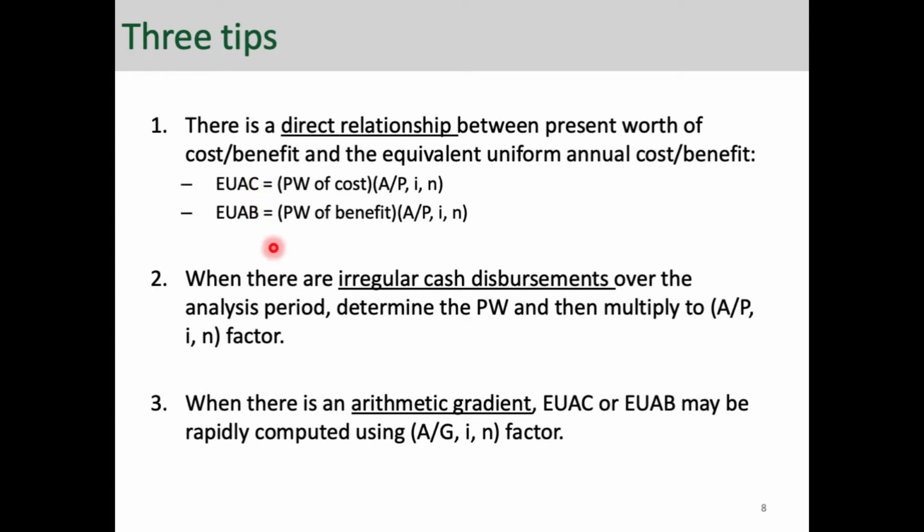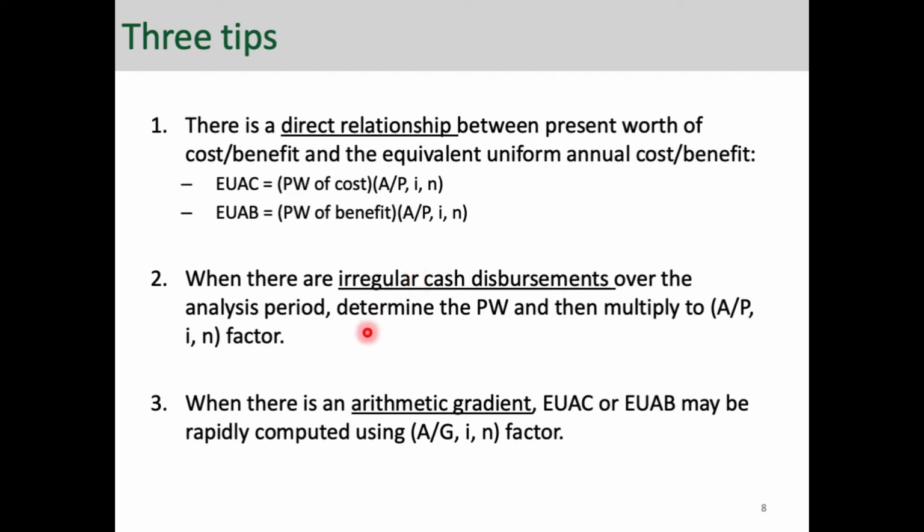So the idea is, if you think finding the annual worth is more challenging, what you can do is just calculate the present worth and then using A given P factor, change it to A. And that will be the last step of the calculations.